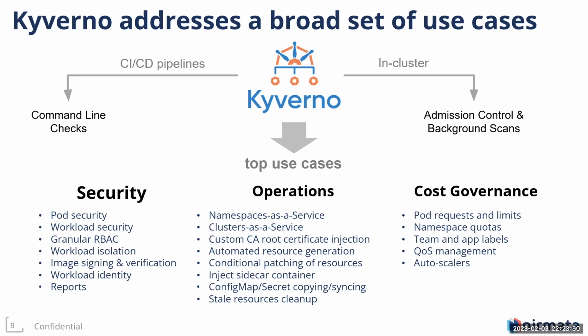From the security perspective, and this is kind of the main angle that people think about when they think about admission controllers, Kyverno is so much more capable than just security. But you can see some of the use cases around there. Image signing and verification.